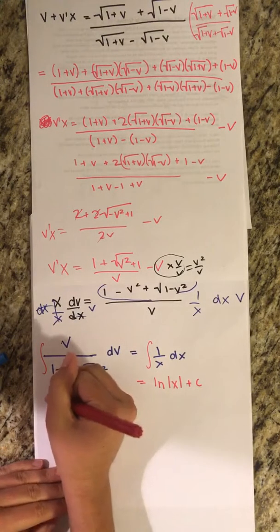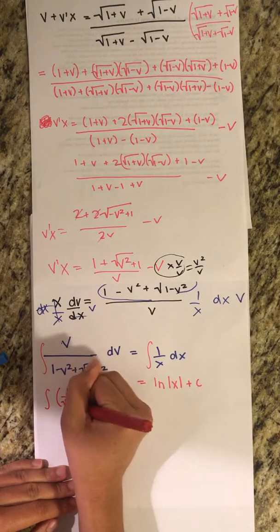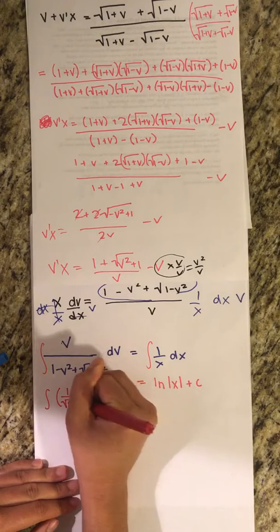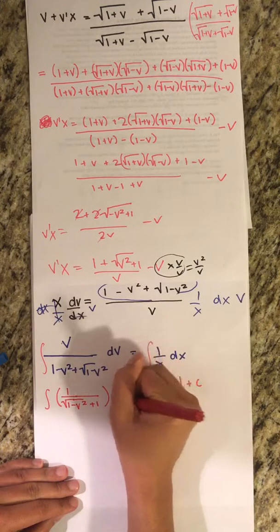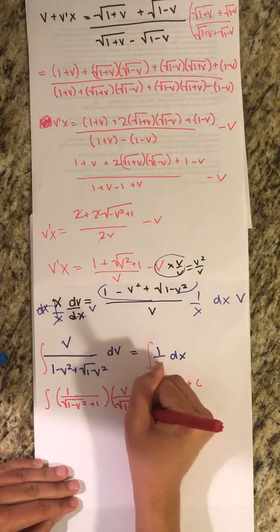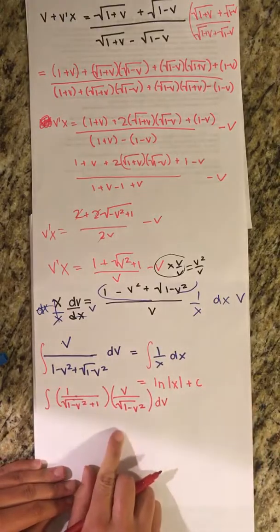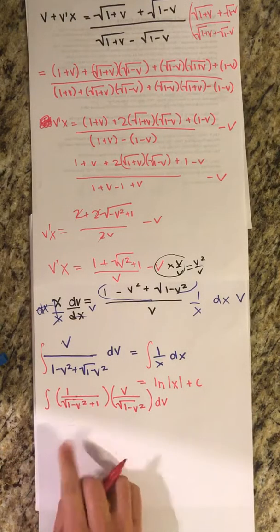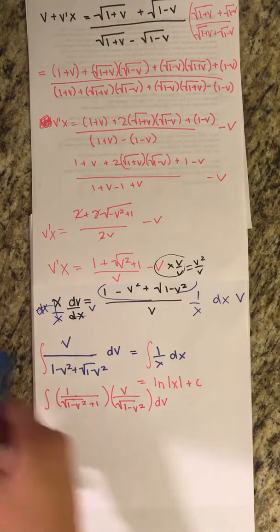So when you eventually do that, what you end up with is 1 over 1 minus v squared plus 1, and then v over the square root of 1. There we go. dv, and when you do that, what you're going to do next is use, sorry, this is getting kind of messy. Let me do this and this.